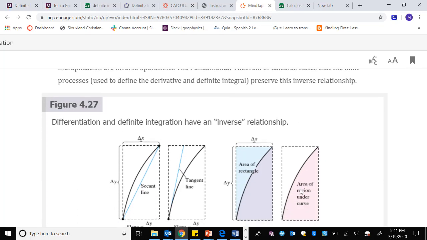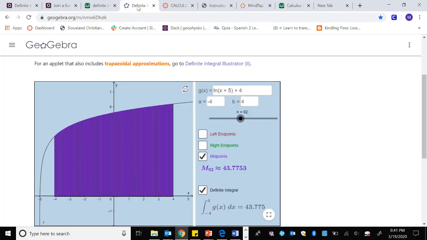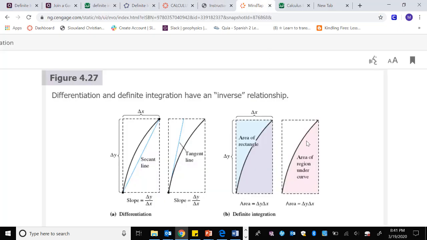You can kind of see here, this is a little visual. First semester we worked just with derivatives, that tangent line. Remember we talked about a secant line and a tangent line. Well, the inverse of that is area. Here's area using rectangles, like I just showed you on the applet. And now we're going to find the area under the curve using the fundamental theorem of calculus.